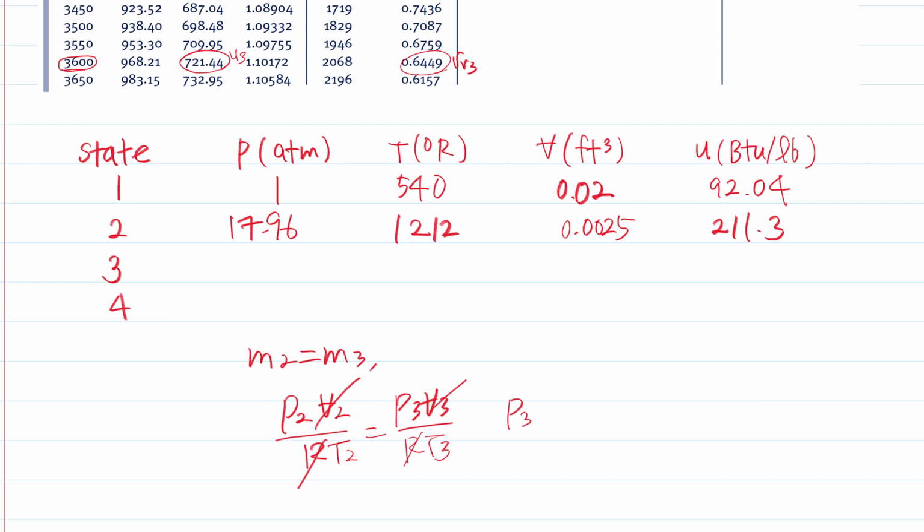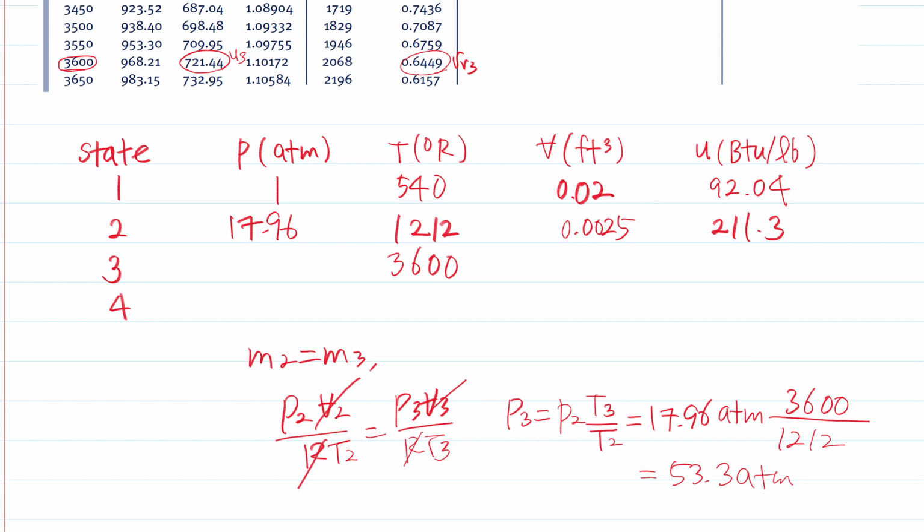So P3 is P2 times T3 over T2. The temperature at state 3 is given, 3600 degrees Rankine. So P3 is 53.3 atm.